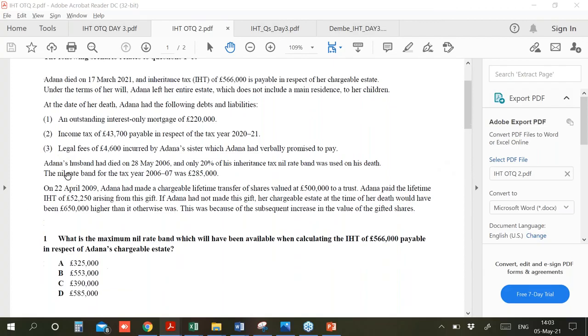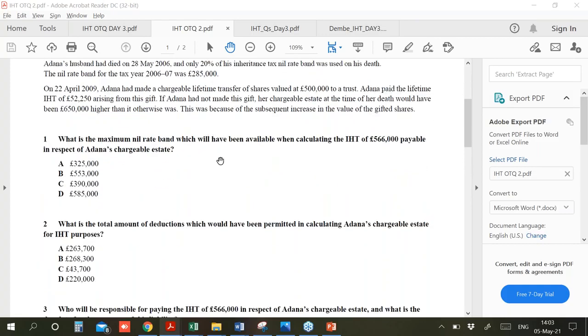Adana, as I told you yesterday, the approach for OTQs is to read the requirements first so that I know what I'll be looking for in the scenario. So let's read the requirement first. What is the maximum nil rate band which will have been available while calculating the IHT of 566,000 payable in respect of Adana's chargeable estate?